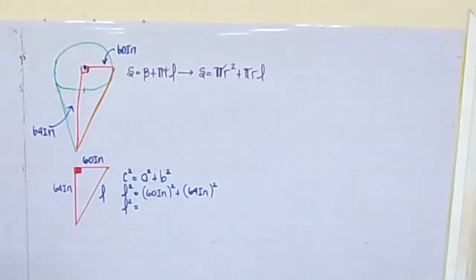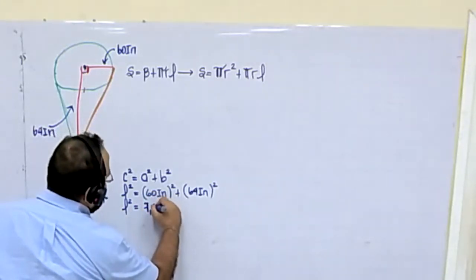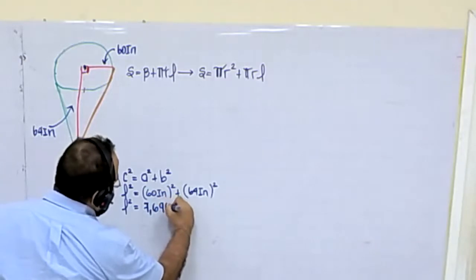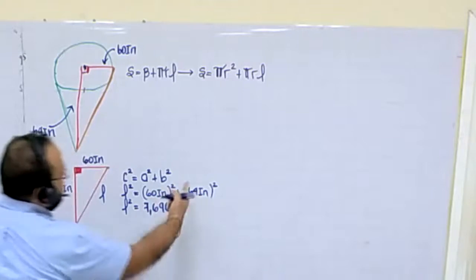Remember, in addition, the order of the addends doesn't affect the final result, the commutative property. So we have 60 squared plus 64 squared. The answer will be 7,696 square inches.